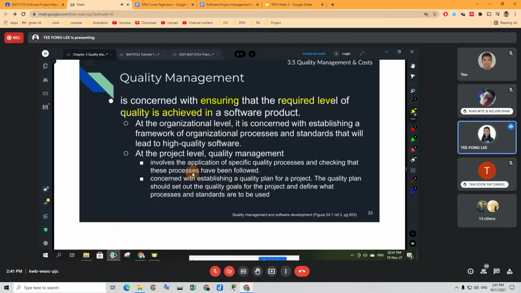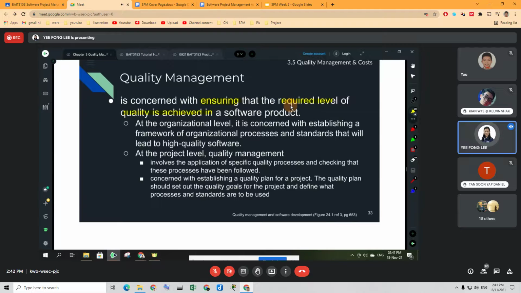I repeat, project quality management is a process of continuously measuring the quality of all activities and then taking corrective action if required. Remember, we learned corrective action before.